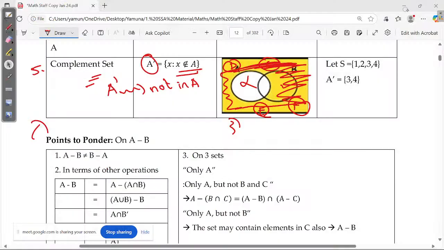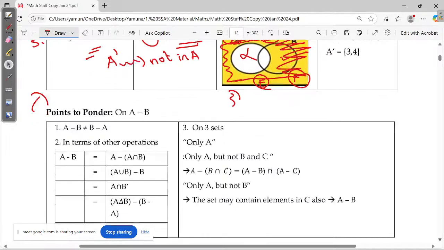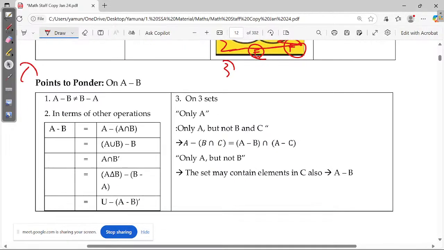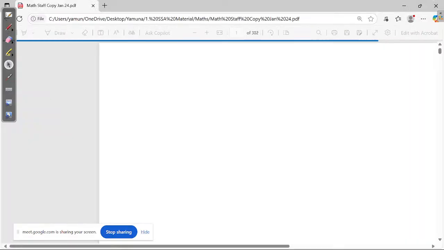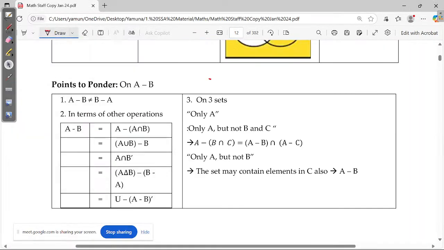Okay, so let me continue. Points to ponder. A minus B can be written in other ways. What other operations can you use for representing A minus B? A minus A intersection B, you're removing the common part. This is with respect to two sets only. A union B, from that you remove B, you get A minus B. A intersection B dash can be taken.